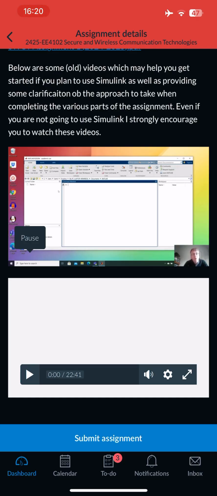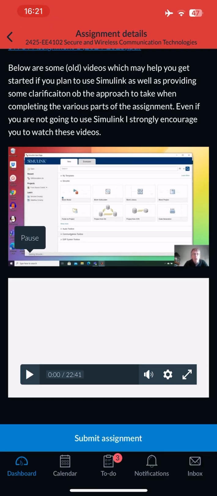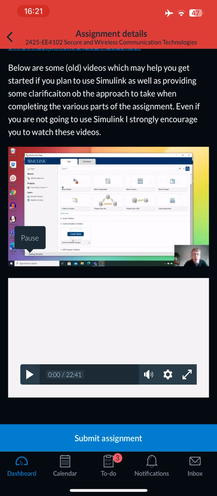Okay, so to start the process, particularly if you haven't used Simulink before, just click on New, go down to a Simulink model, go to the communications toolbox and click on the create model option there.